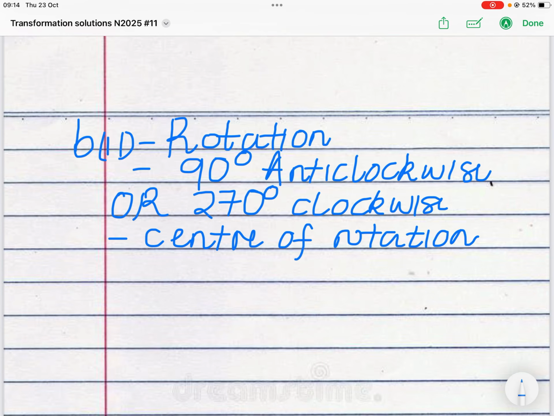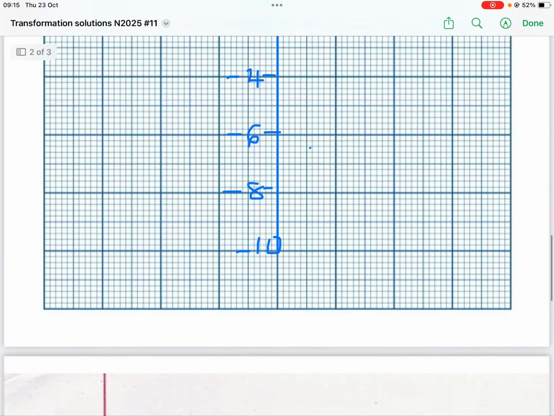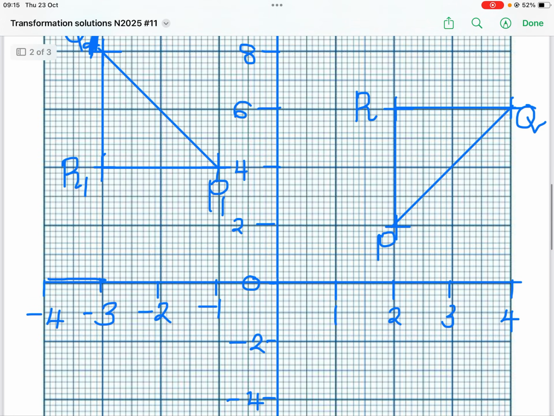So I will illustrate how we need to find the center of rotation. When we are calculating the center of rotation, the first step is to join the corresponding points. So P1 corresponds with P. We need to draw a line that connects P and P1, like this.